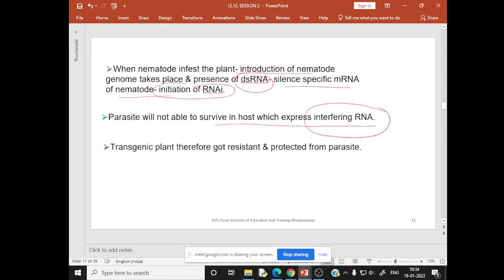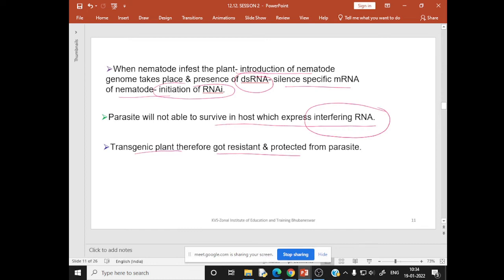That is, as and when it infests the host plant, the cells that have the silencing specific mRNA will reach into its body, and there will be interfering RNA seen inside the nematode. Okay, the transgenic plant therefore becomes resistant and protected from the parasite.